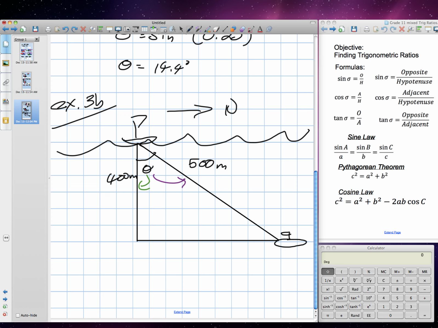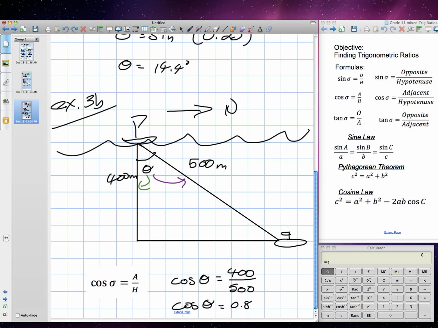Cosine. So using our cosine law here, or ratio, I keep saying law. This means cos theta is equal to, our adjacent side is 400, our hypotenuse is 500, 0.8.